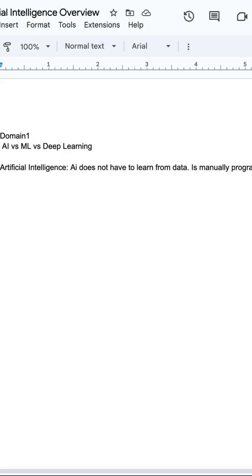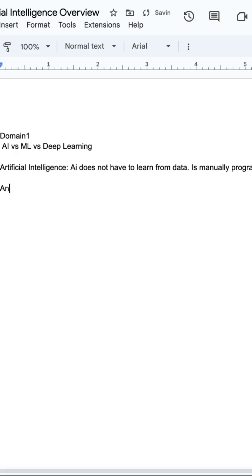A rule-based system that diagnoses equipment problems based on fixed business rules is considered artificial intelligence. For example, if I give the command "hey," I can set the artificial intelligence to reply "yo." No learning from data is required. That's a major key difference between artificial intelligence and machine learning.